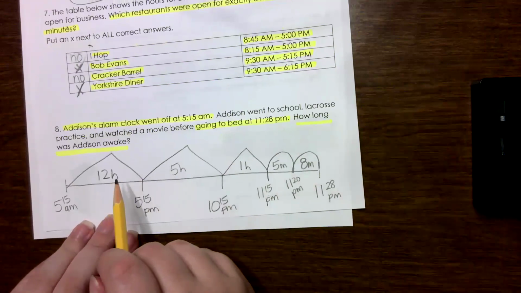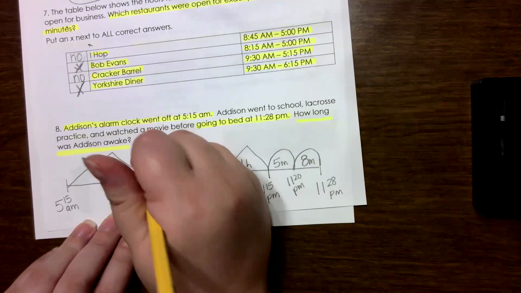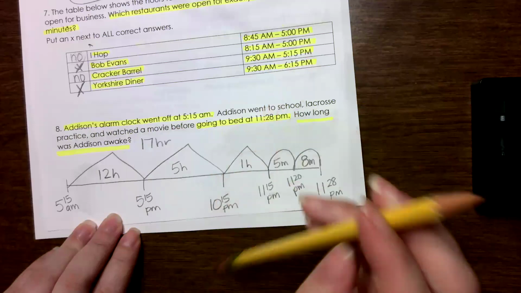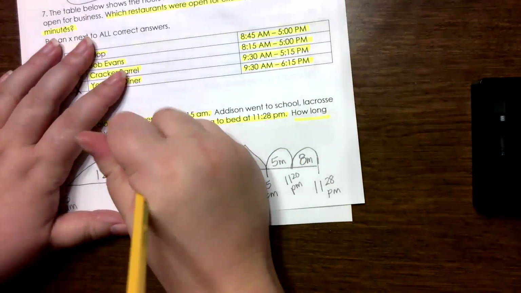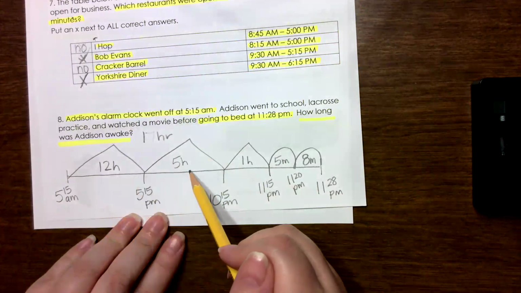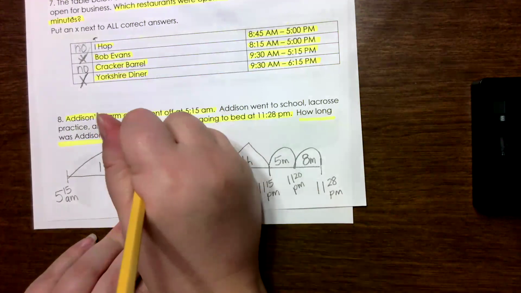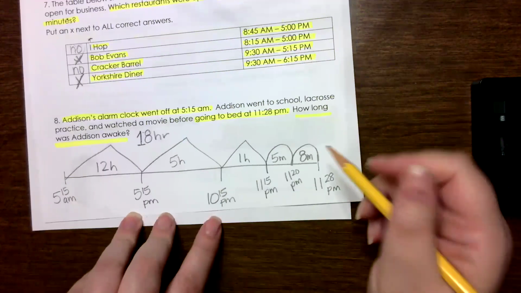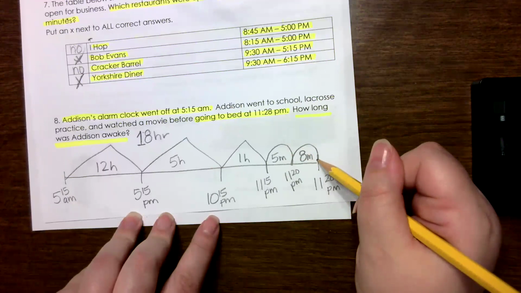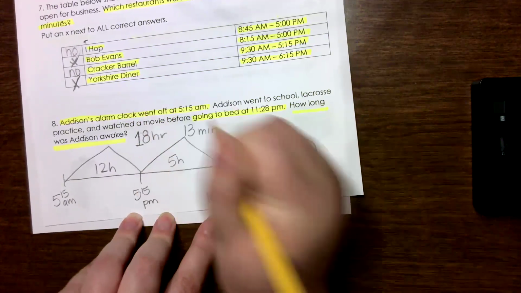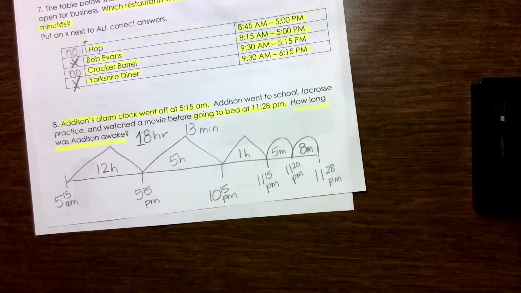Let's put it all together. 12 hours plus 5 hours plus 1 hour. 12 plus 5 is 17 plus 1 is 18. She was up for 18 hours. Jeez. And then 5 minutes plus 8 minutes is 13 minutes. So the answer to number 8 is 18 hours and 13 minutes.